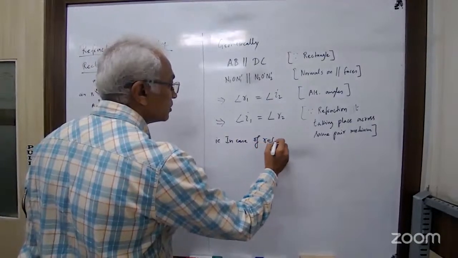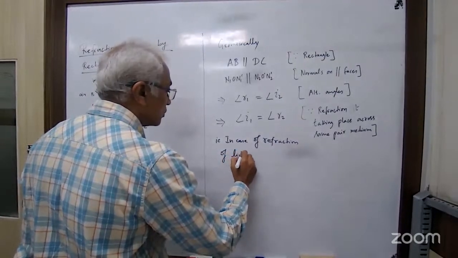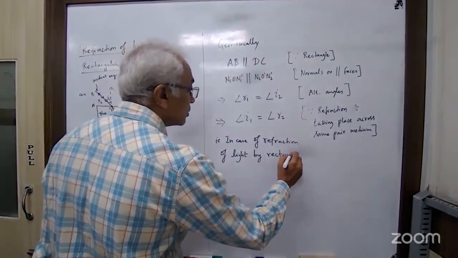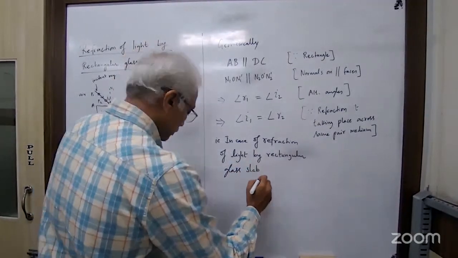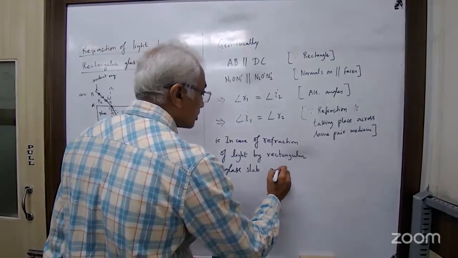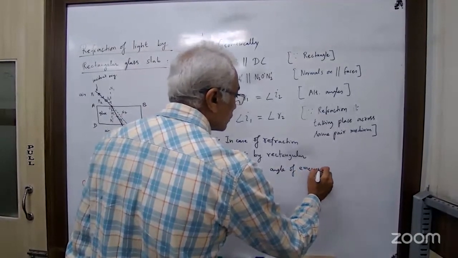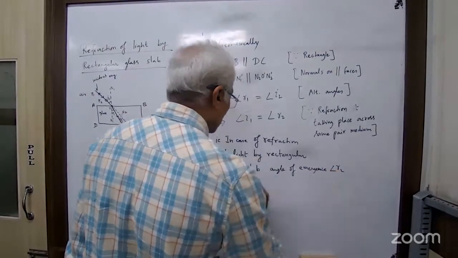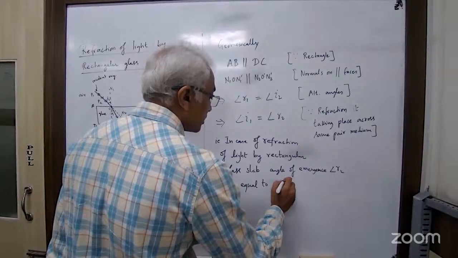In case of refraction of light by a rectangular glass slab, the angle of emergence, angle R2 in our diagram, is equal to the angle of incidence.